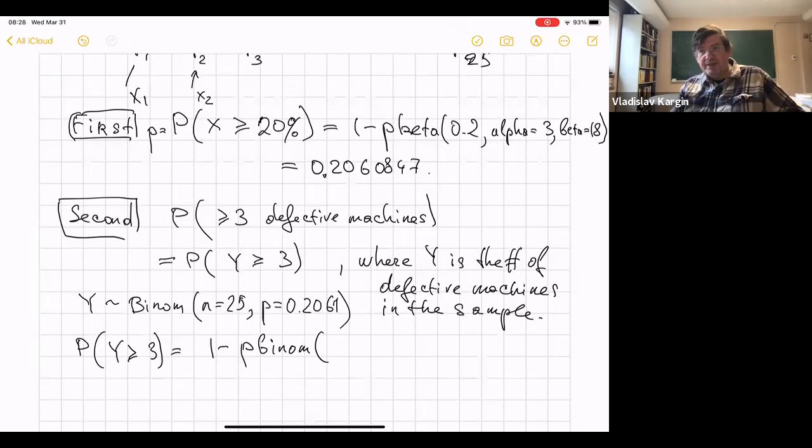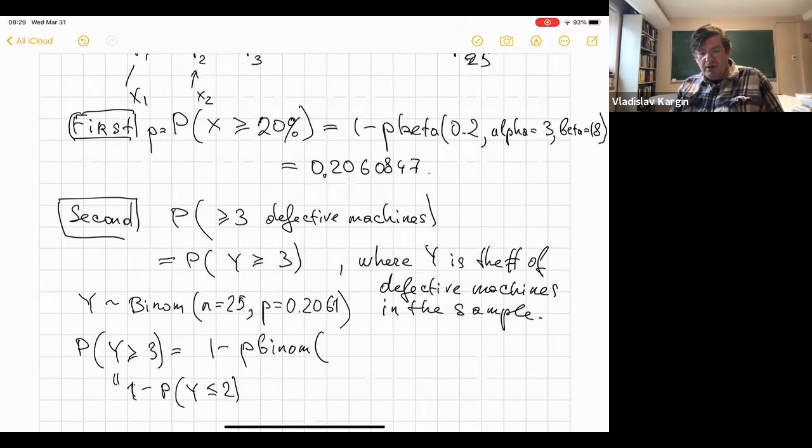So the probability that Y is greater than or equal to 3 is equal to 1 minus the probability that Y is smaller than or equal to 2. Careful, because here it is a discrete random variable.